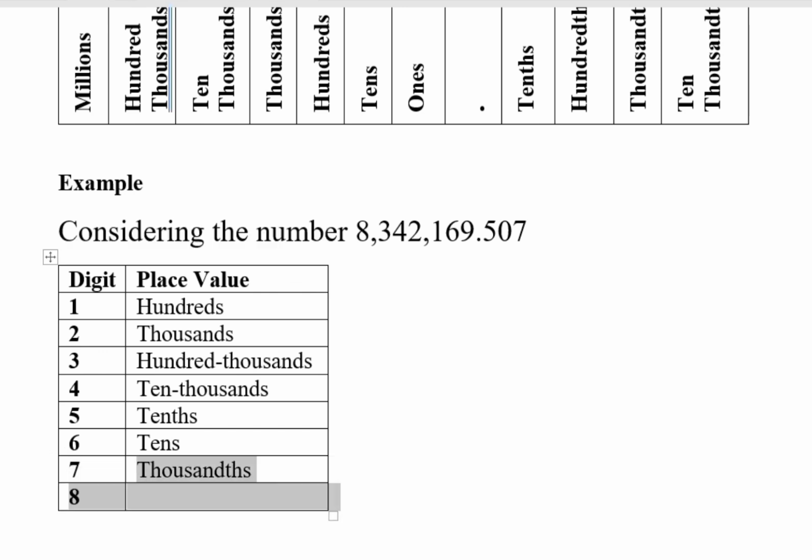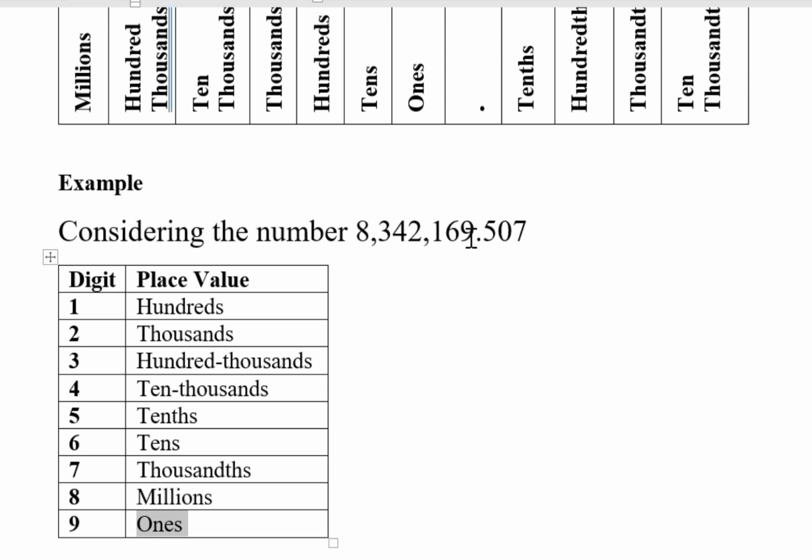What about 8? So we have this taking place value of ones, tens, hundreds, thousands, 10,000s, 100,000s, millions. So 8 has a place value of millions. And then we have 9 here, which takes place value of ones.